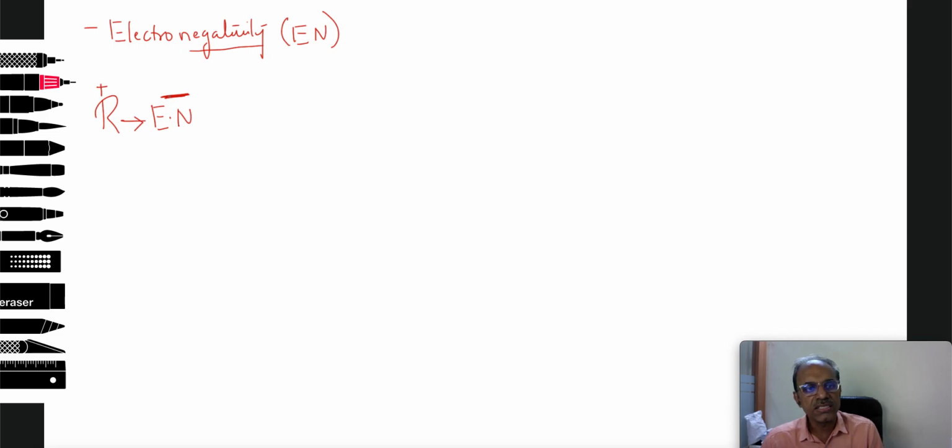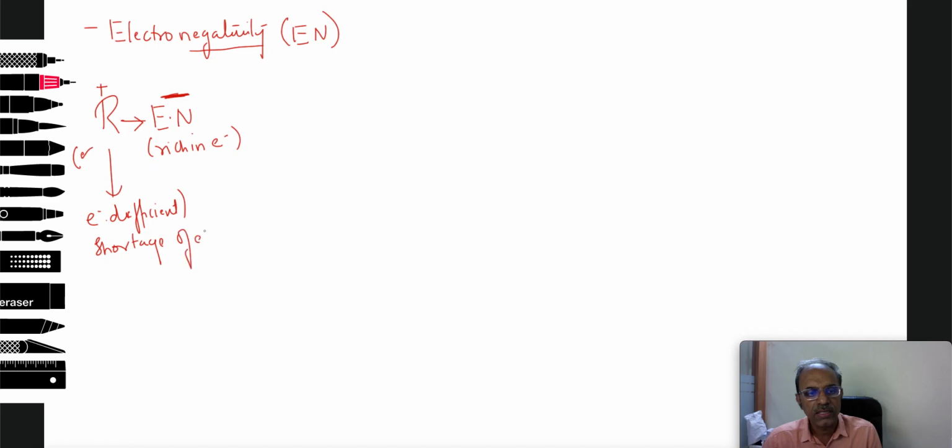What does this negative sign indicate? That it is rich in electrons. This is rich in electrons, and this is electron deficient, or shortage of electrons. Fine.